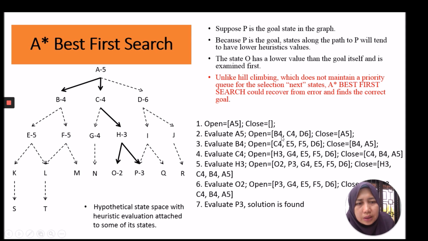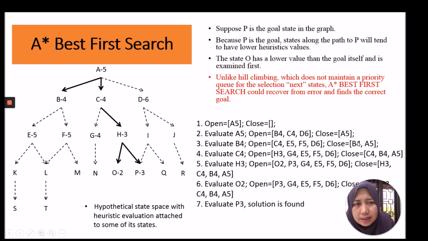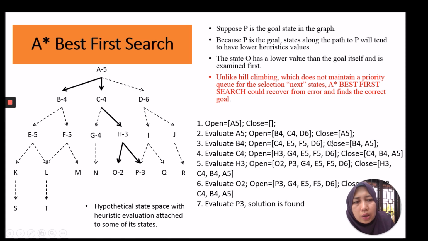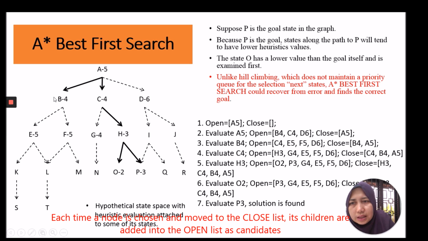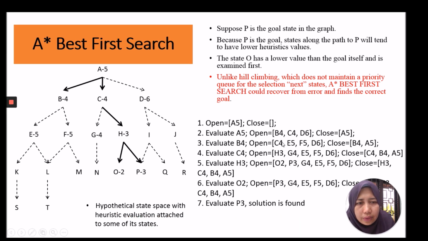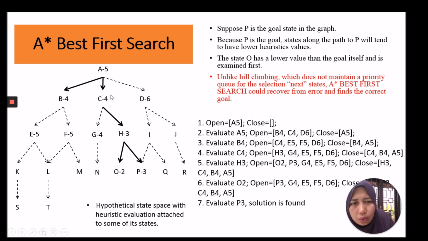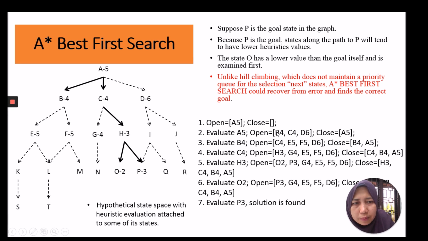Because we take B4, B4 is placed inside the closed list. And then here we list B4, C4 and D6. And then we put C4 because C4 is the next best after B4.